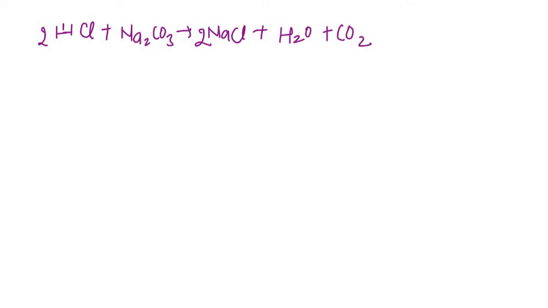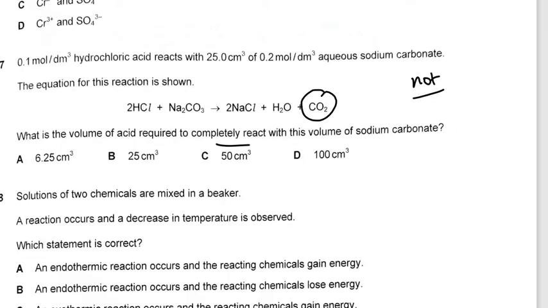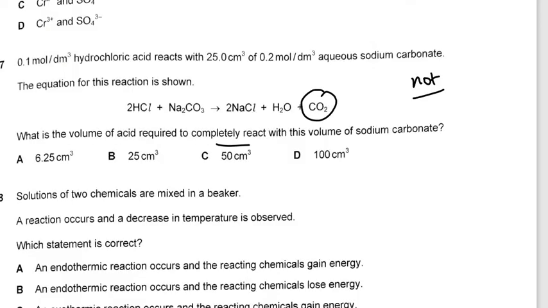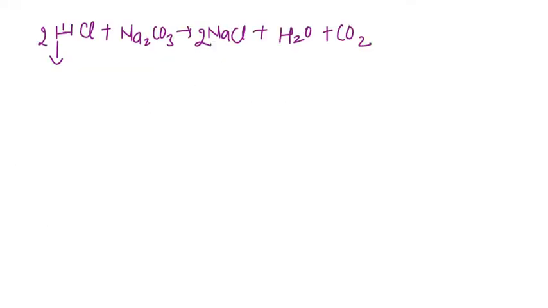If you look at this equation, what data have they given to you? They have given you the concentration of hydrochloric acid, 0.1 mole per decimeter cube, and they want the volume, so let's put a question mark.